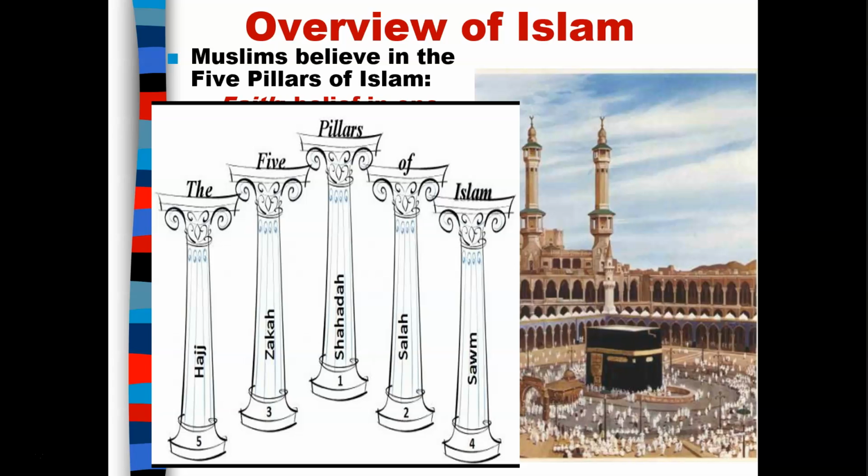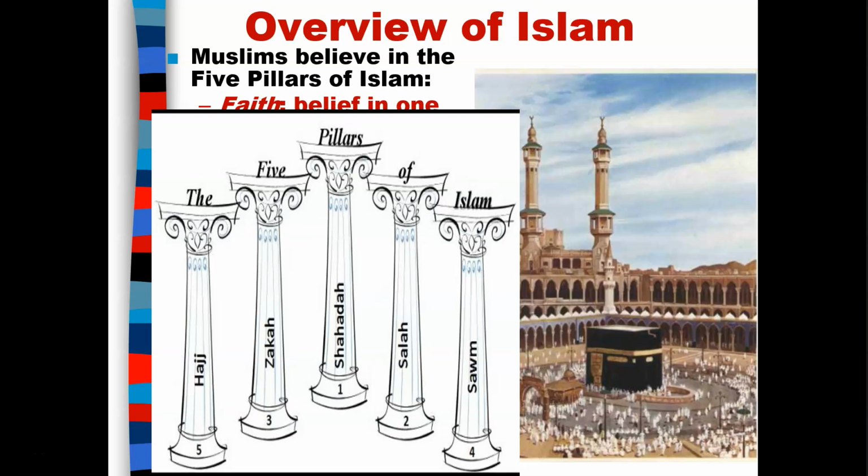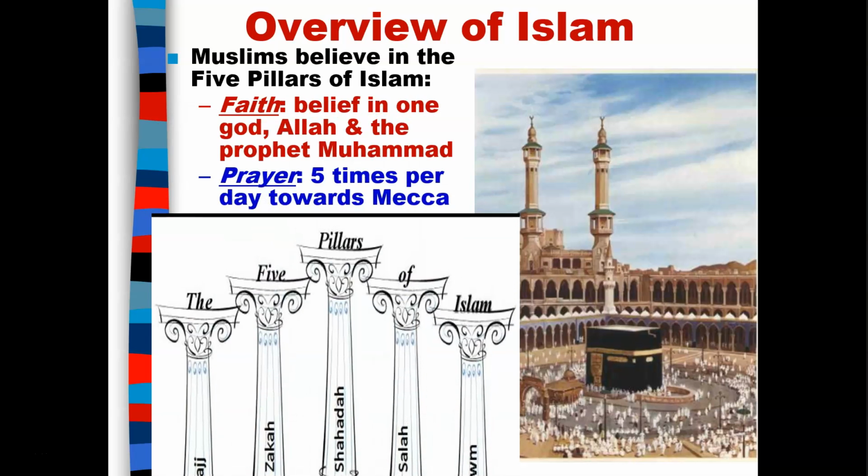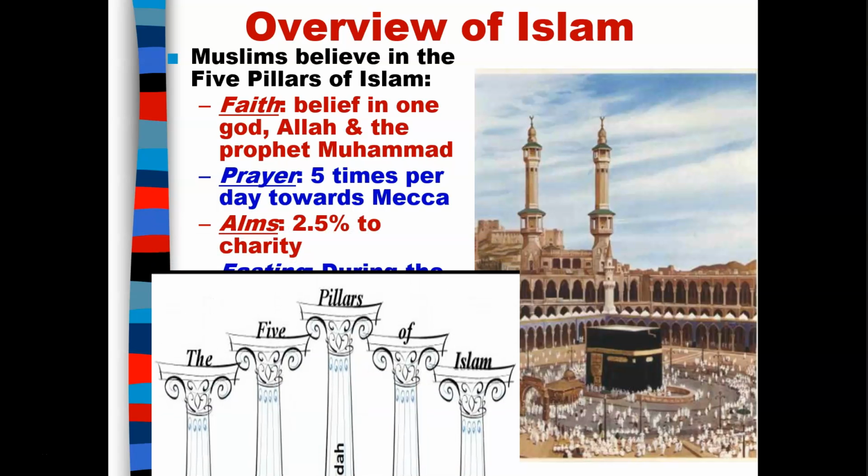Let's continue on with the overview of Islam. In this case, Muslims believe in the 5 pillars of Islam. The first one is faith, belief in one God, Allah, and the Prophet Muhammad. The second is prayer, 5 times per day towards Mecca.